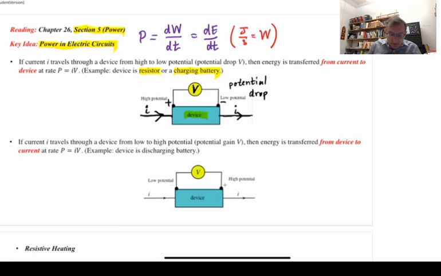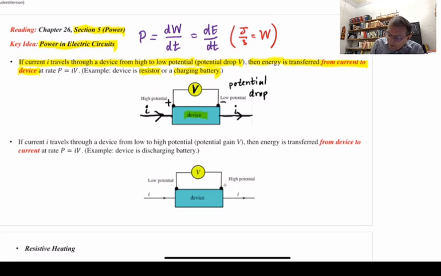Now, this formula that I have gives me one other important fact. Let's read this bulleted statement. If we have current I traveling through a device from high to low potential, so we have a potential drop by some amount V, then energy is transferred from the current to the device.